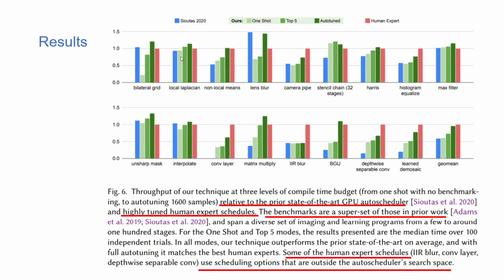But one-shot beats it sometimes. Sometimes it beats it. Sometimes it doesn't. Yeah, you can see it here. So it's not a decisive victory of this paper over the Sioutas paper. There's something that needs to be improved to basically get the best of the two.